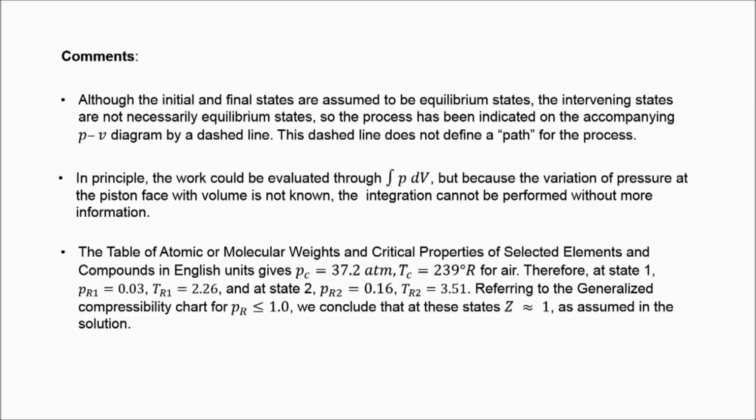Therefore, at state 1, the reduced pressure and temperature are PR1 equal to 0.03 and TR1 equal to 2.26. Similarly, at state 2, PR2 is equal to 0.16 and TR2 is equal to 3.51. By referring to the generalized compressibility chart for PR less than or equal to 1, we conclude that at these states, Z is approximately equal to 1. Hence, the ideal gas law assumed in the solution is valid.